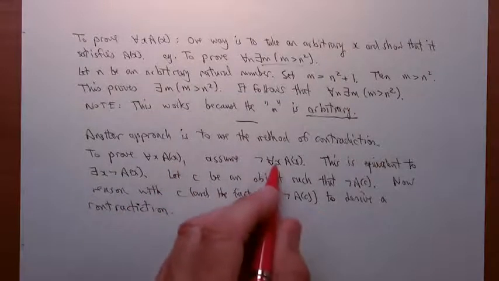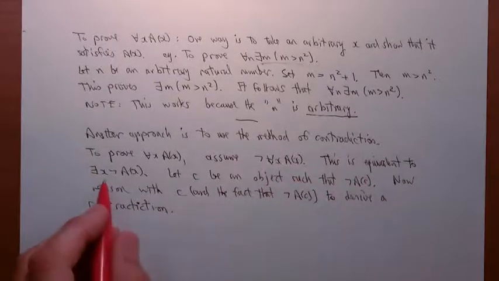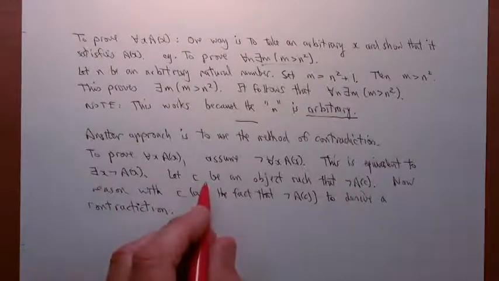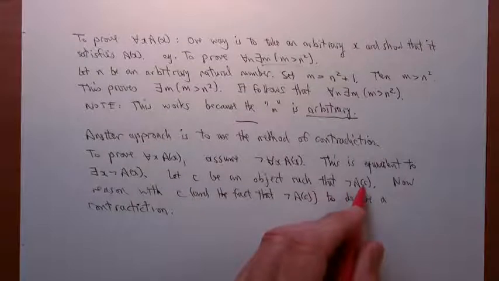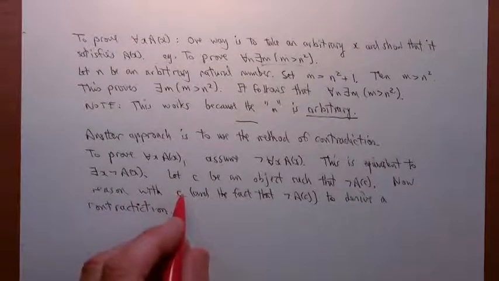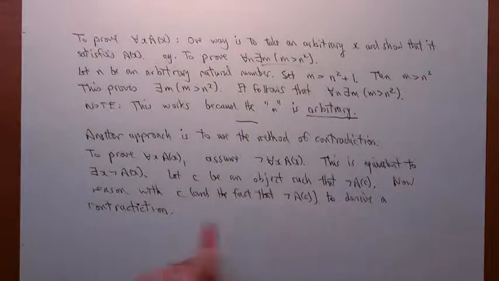So you assume not for all x A of x. That's equivalent to there exists x not A of x. And that tells you that an object exists, c, for which not A of c. And then, if you can, you reason with that object using the fact that not A of c to derive a contradiction.